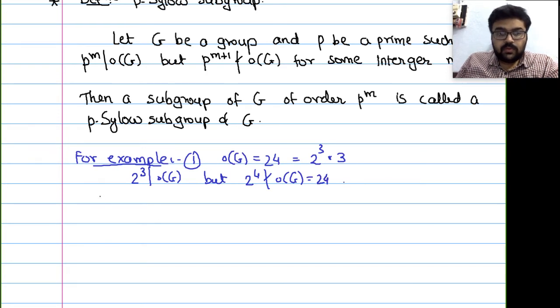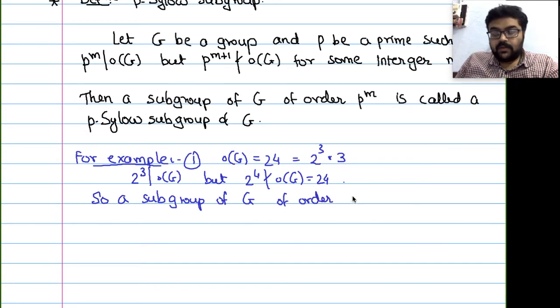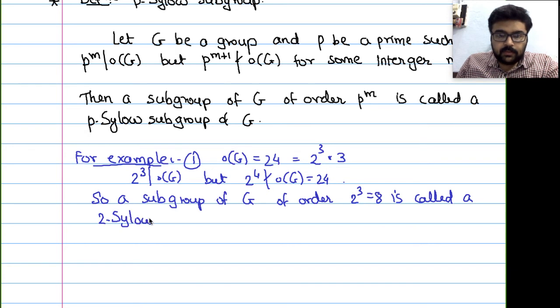So a subgroup of G of order 8, that is 2 cube, is called a 2-Sylow subgroup of G.